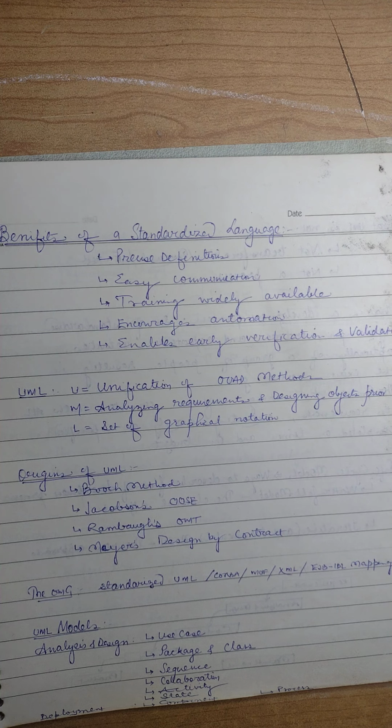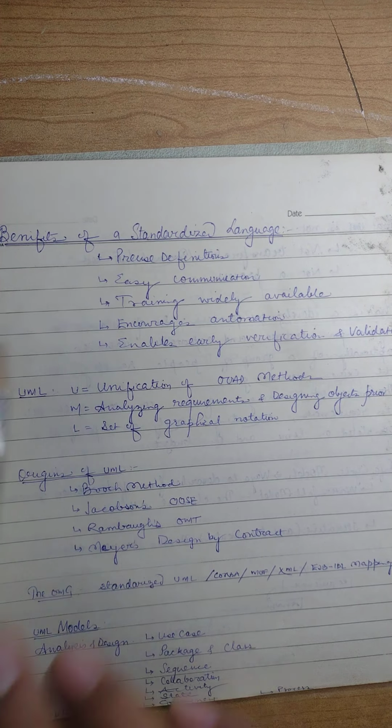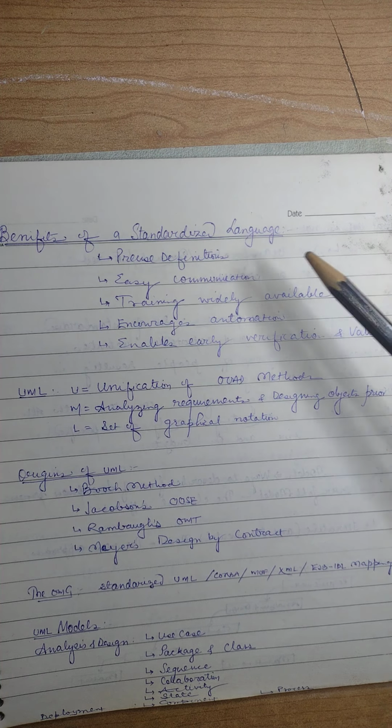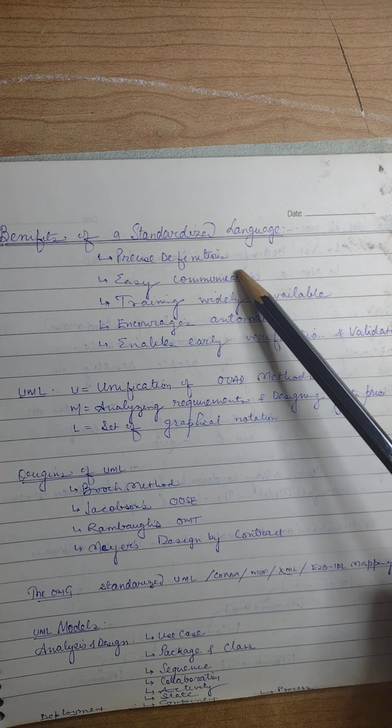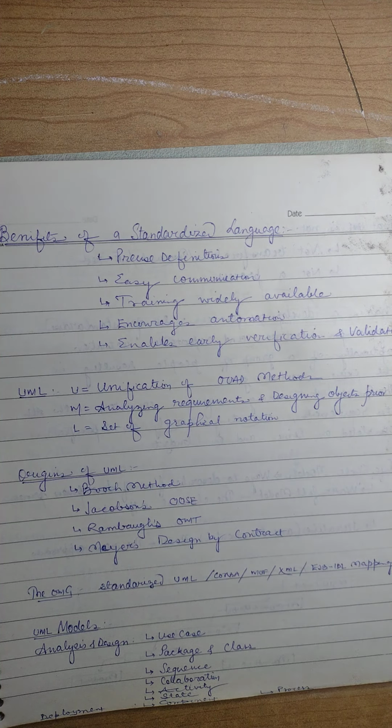Now what are the benefits of a standardized language or framework? These are some of the benefits I have mentioned, which talk about precise definition, easy communication. Easy communication means because you are using a common language, everyone knows what is the use case diagram, what is the network diagram, what is the interaction diagram and all that.